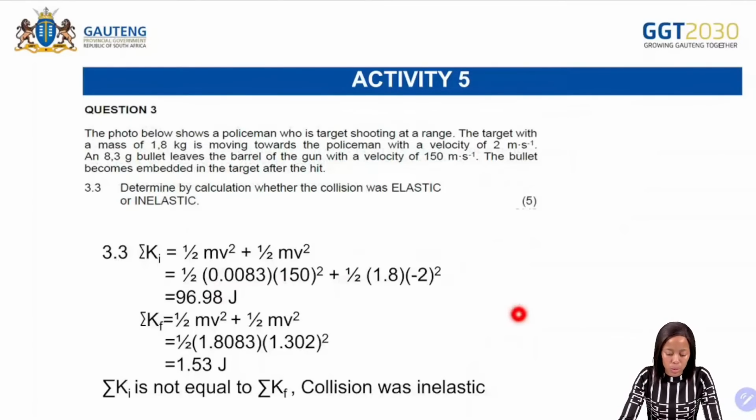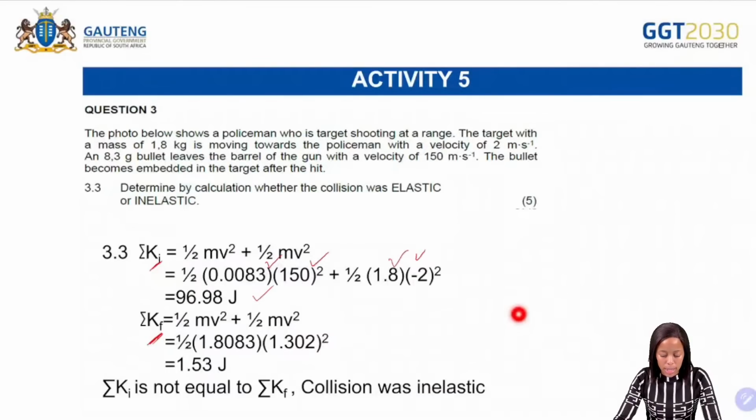So what are you going to do there? You are going to calculate the sum of the kinetic energy before the collision and the sum of the kinetic energy after the collision. Okay, so from there, half mv squared, you substitute the mass there, the velocity, the mass, the velocity, and then you can calculate your answer there.